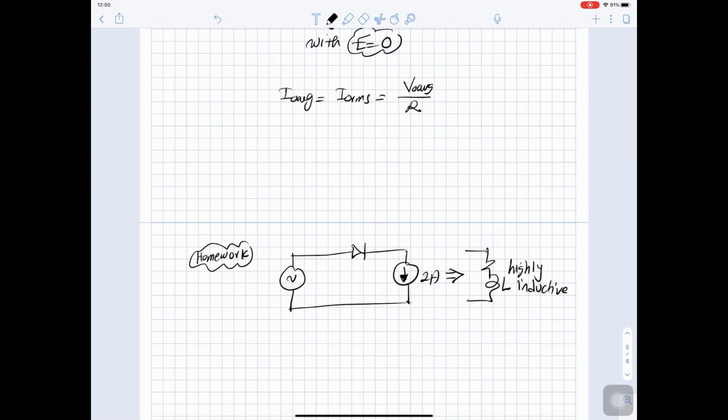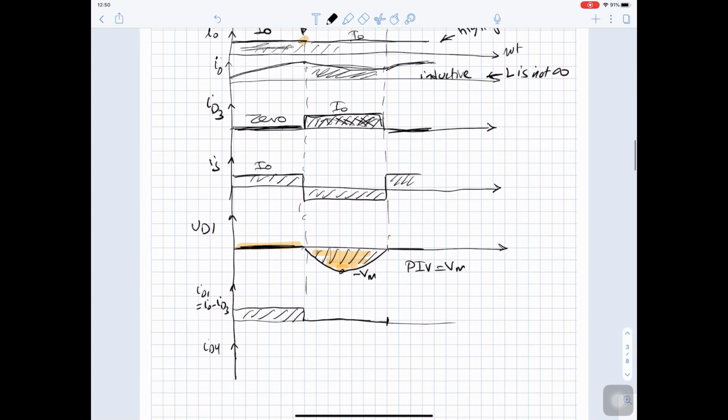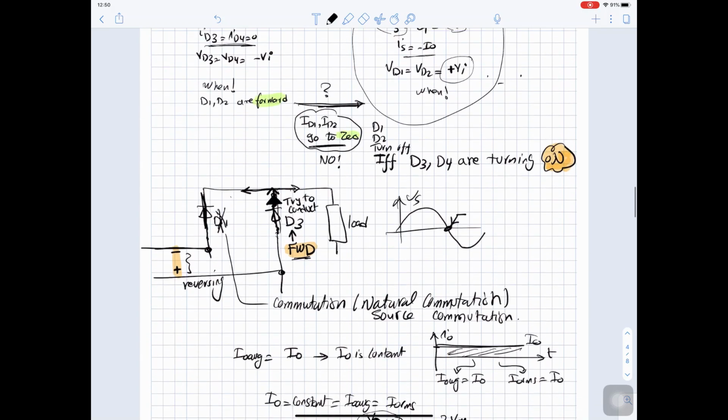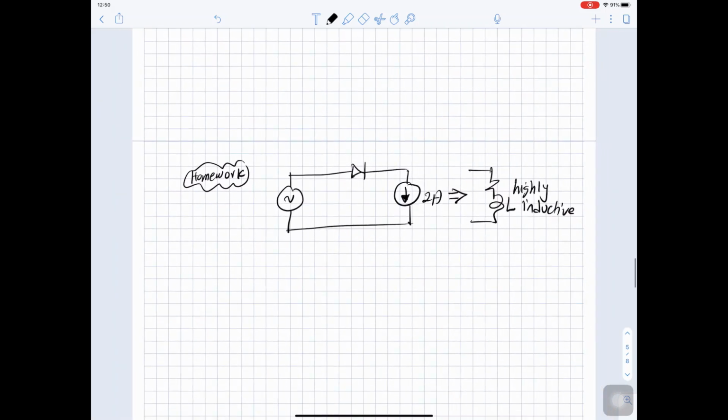So a highly inductive load will have a constant current, okay? So this is a constant current, which is equivalent of having a current source. So the RL is the same as having a current source.